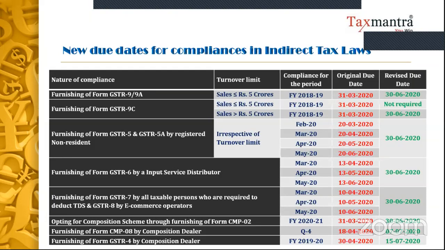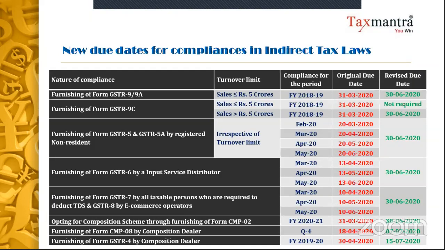But in case of turnover above 5 crore for the financial year 18-19, the GSTR 9C form should be furnished on or before 30th of June. Earlier, it was 31st of March.